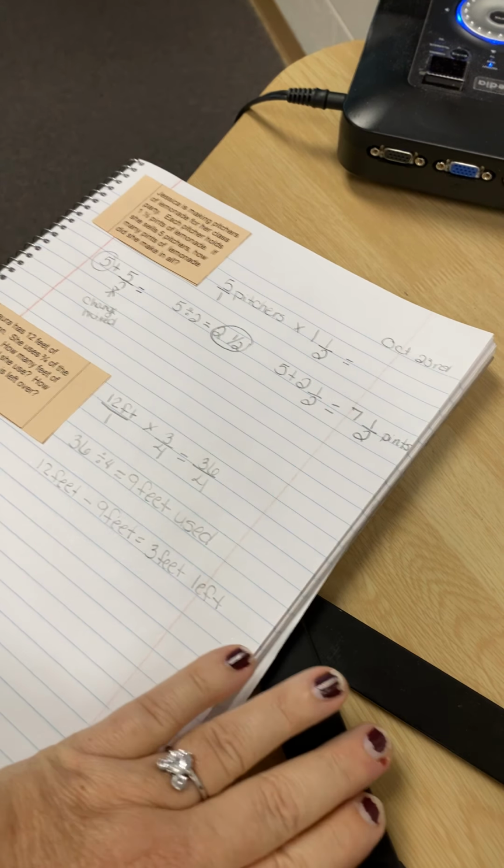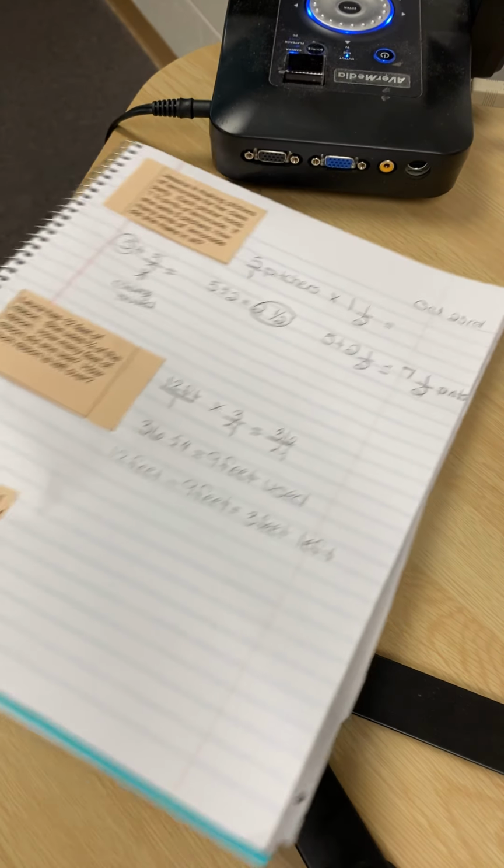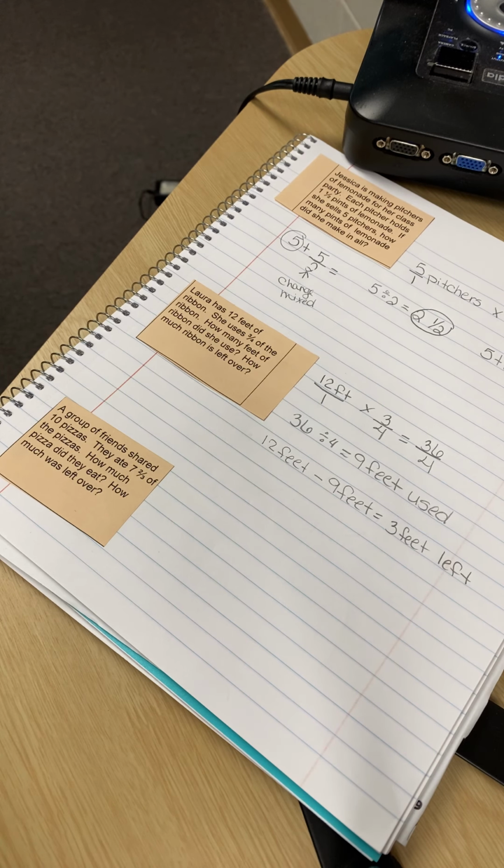All right, last one. This one's a little bit trickier. This one says, a group of friends shared 10 pizzas. They ate 7 2/3 of the pizza. How much pizza did they eat?